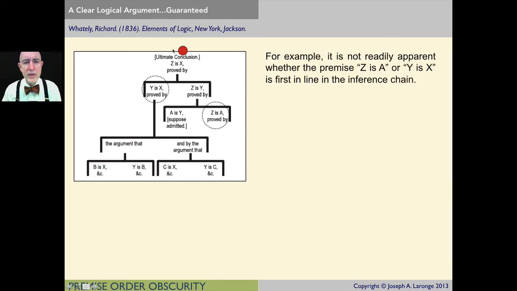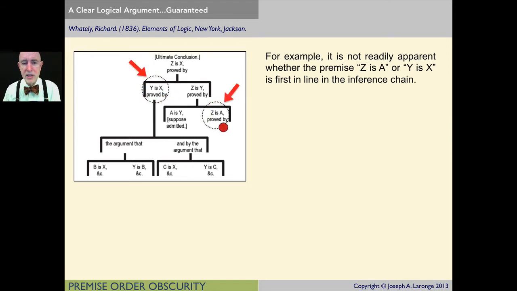So looking at this argument map right here from Whately, we're looking at two premises. One is Y is X, the other is Z is A. And you can't really tell which comes first in the line of the inference chain. And as we'll discuss later, knowing that really makes a difference. So we've got those two right here.